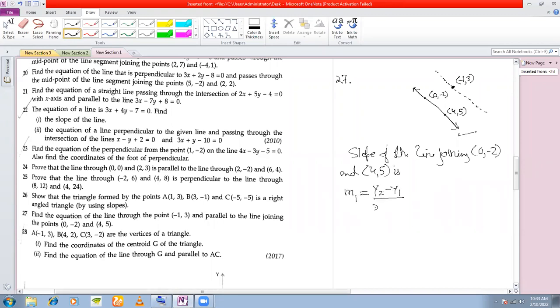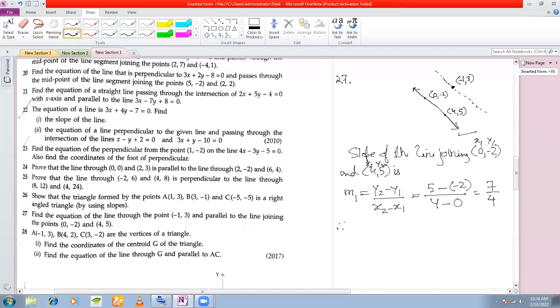If you know 2 points on a straight line, how do you find out the slope? By this formula, y2 minus y1 over x2 minus x1. You can consider this as your x1, y1 and this as your x2, y2. So y2 here is 5, y1 here is minus 2, x2 here is 4, and x1 here is 0. So you get 5 plus 2, which is 7 by 4, right?